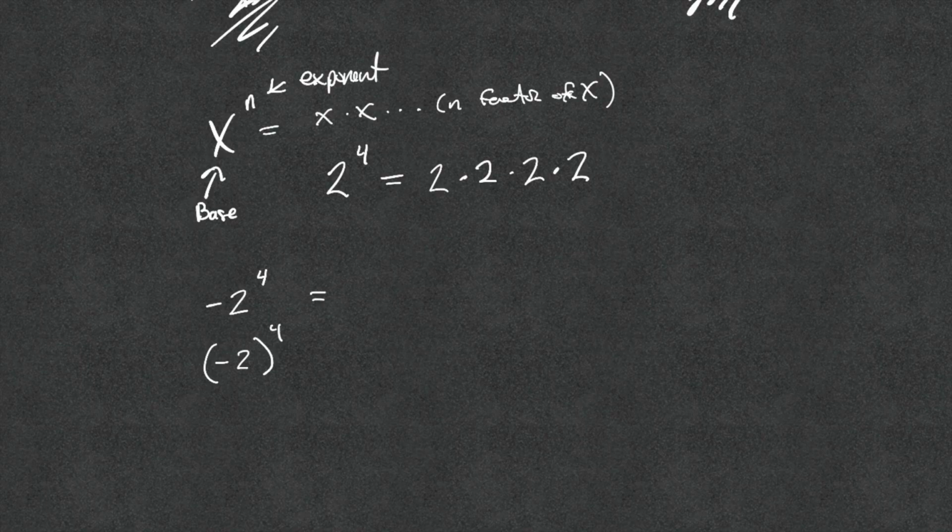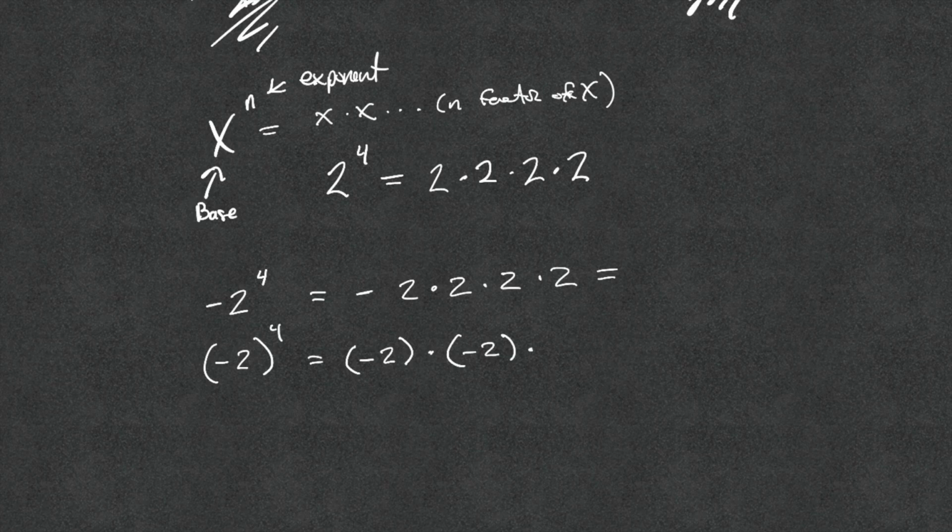Now the difference is this. Here the first one I'm saying negative on the outside, but that 4 only applies to the 2. So my outcome is very different, whereas here I'm saying take that negative 2, whatever's encompassed in the parentheses, and multiply that by itself 4 times.